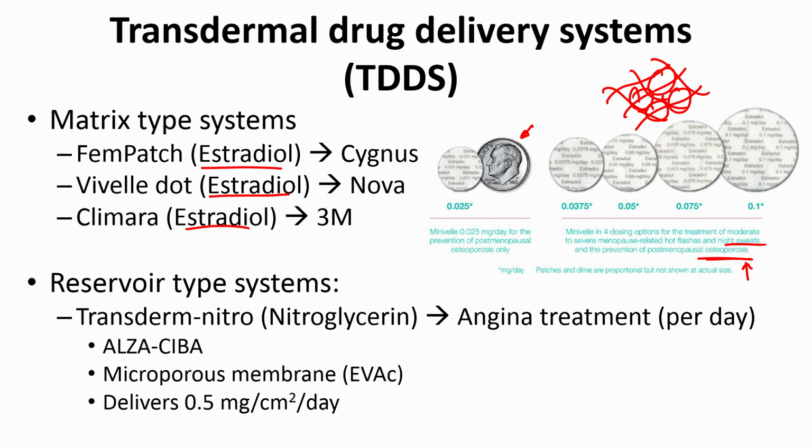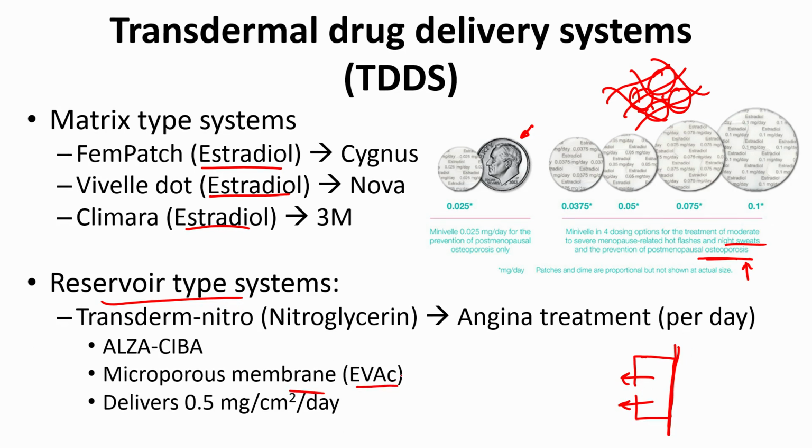And then we also have reservoir type systems. A very similar concept here, but instead of a matrix you have some sort of a reservoir, with maybe a semipermeable membrane on one side and then an impermeable membrane on the outside, and that can also help you deliver drugs. These are again microporous membranes. Various systems are out there.